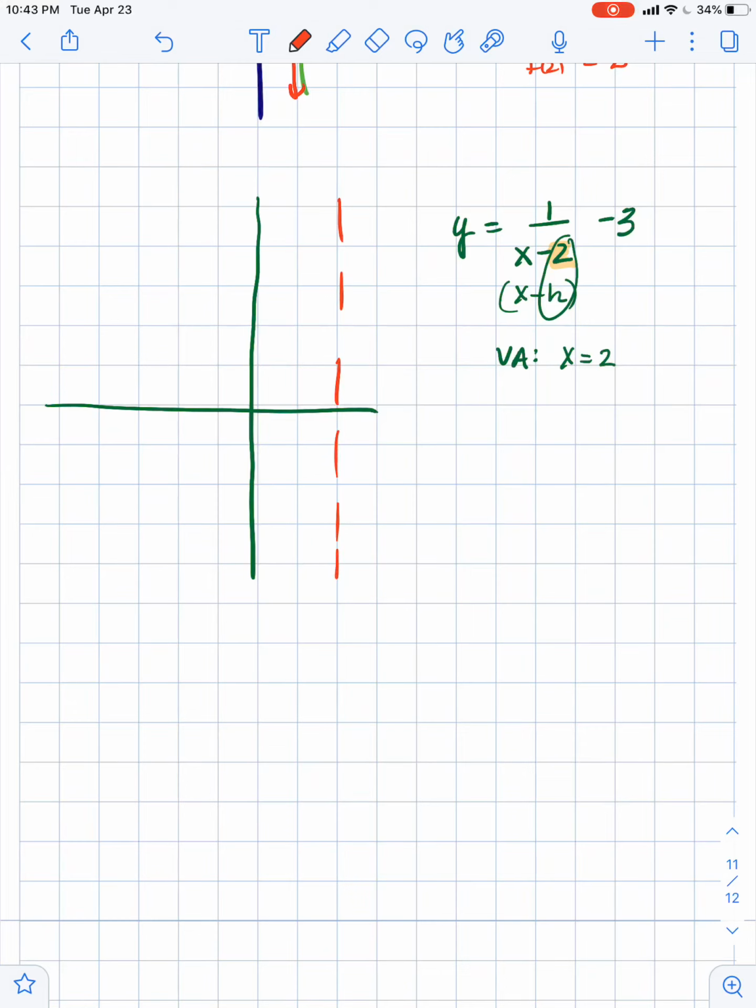Okay, next question. How much did I shift my horizontal asymptote? And the answer is I moved it down 3. So instead of being at 0, it is now at a negative 3.